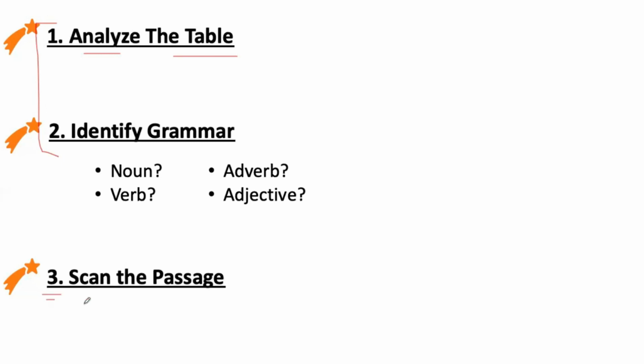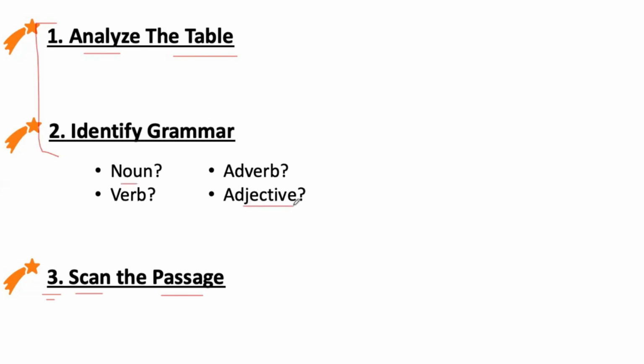And then you might be familiar with this. The third step, we're going to scan the passage, and this is quite common for completion types of questions. Again, scanning is reading with headlights. So you're reading looking for specific information. Perhaps it's your keywords, or it's the fact that you are looking for a noun or a specific adjective.